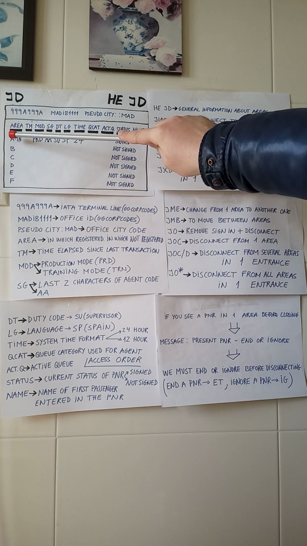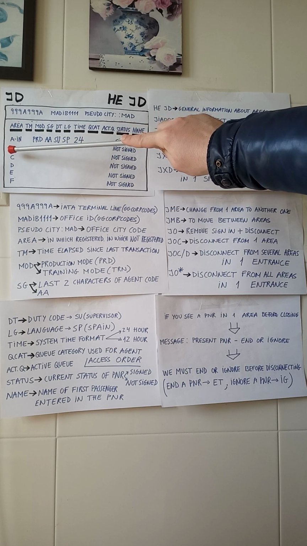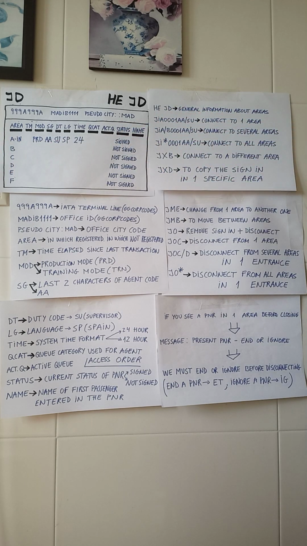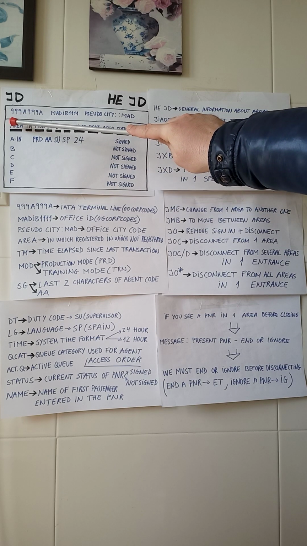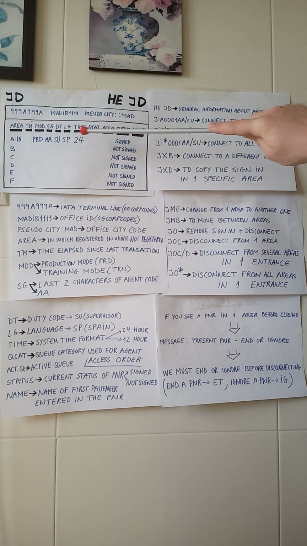It means that everything you will see in each line, 1, 2, 3, 4, 5, 6 lines, will be explained in each of the 11 titles, okay?